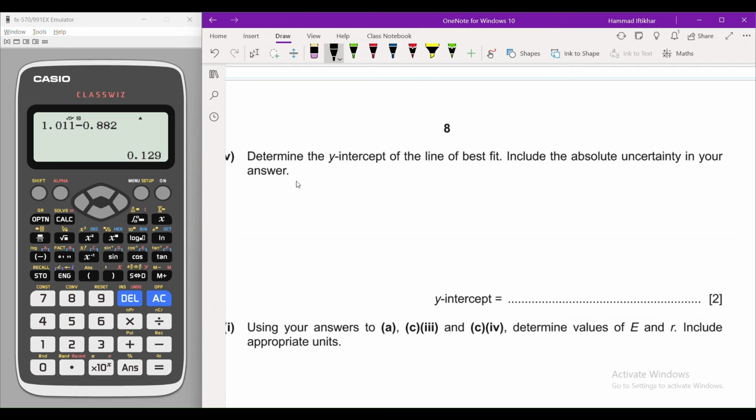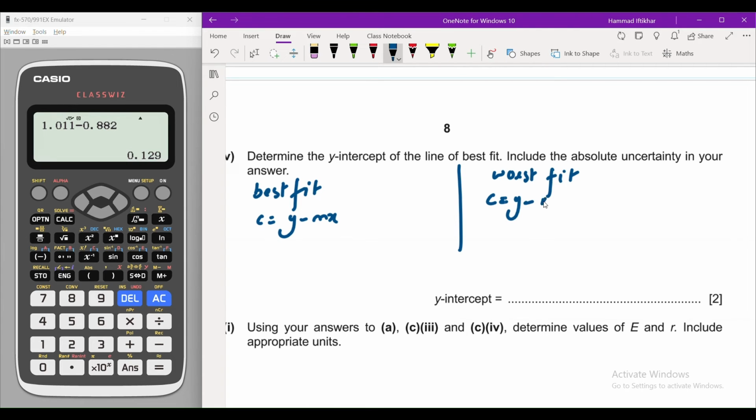For the y-intercept, we need the best fit and the worst fit. C is equal to y minus mx.